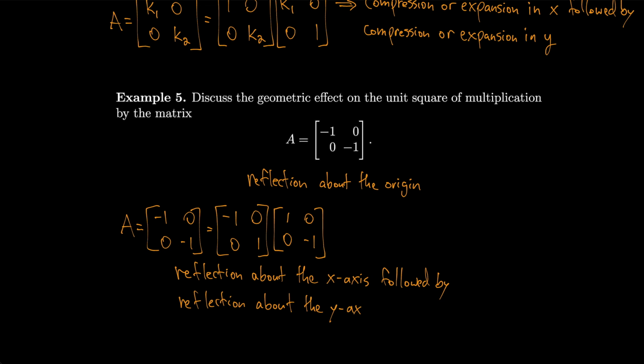And it makes sense because composing these two reflections is the same thing as reflecting about the origin, right? It just takes the unit square. So if I draw it like right over here, and do a little bit of shading, then it just takes it and moves it right here.